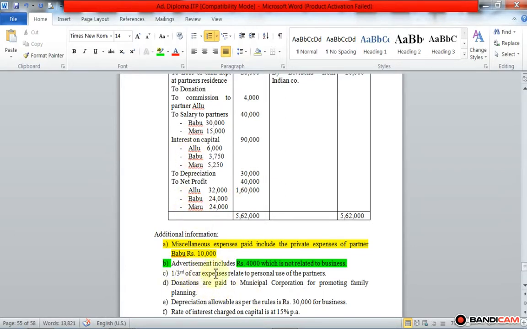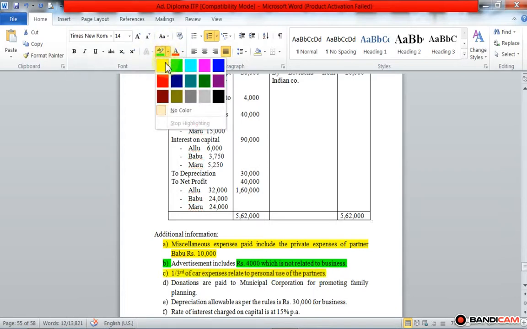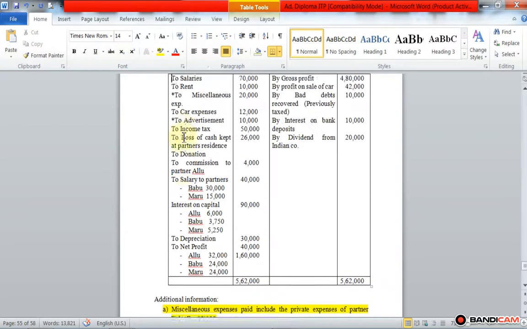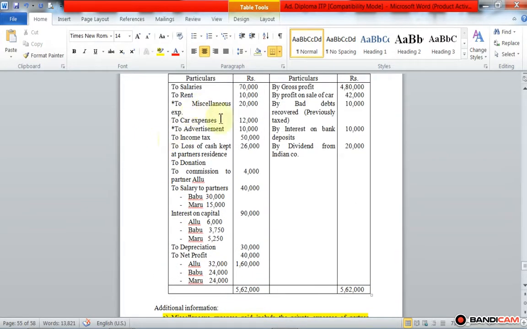Then 1/3 of car expenses is related to personal use of the partners. So the additional information is given on car expenses. Find the car expenses in the profit and loss account and make a star in front of car expenses.